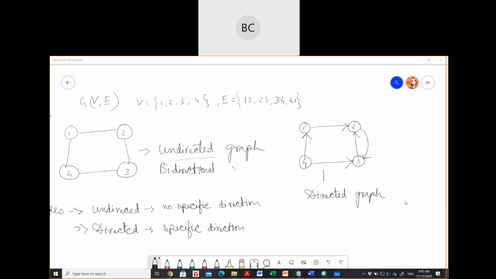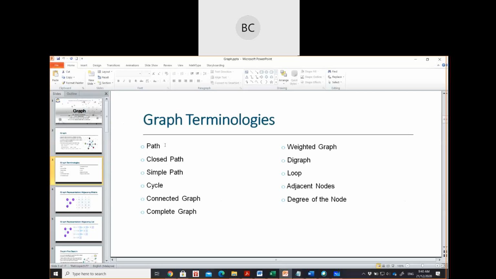Okay, now come back to the term path. What is a path? When I say path, what do you understand? If direction is given, it means a directed graph.